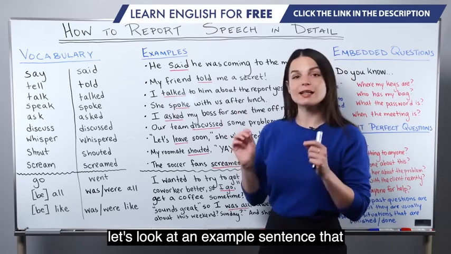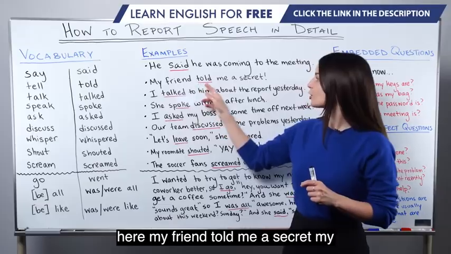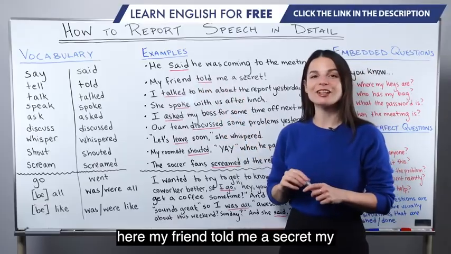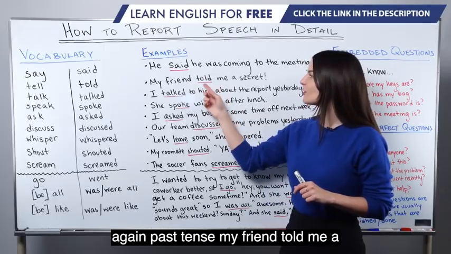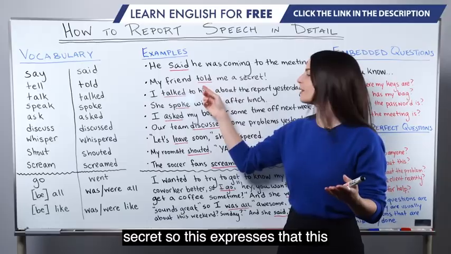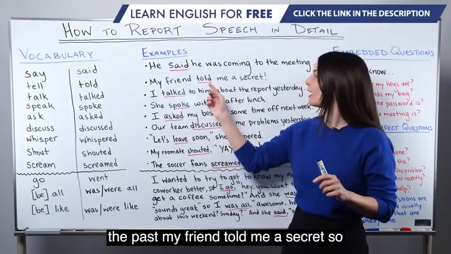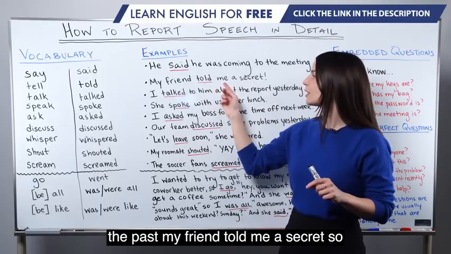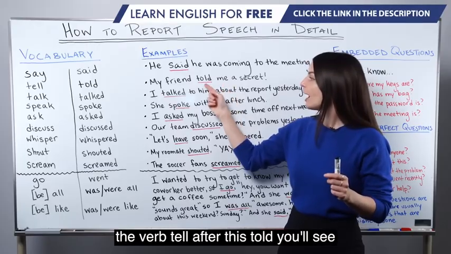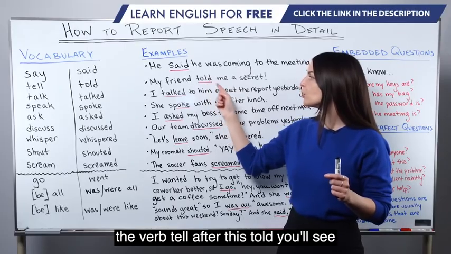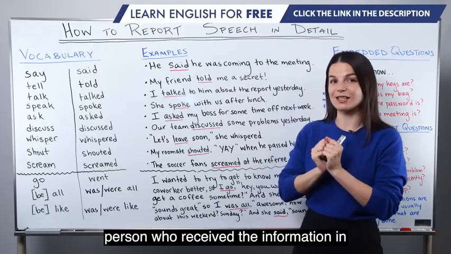Let's look at an example sentence that uses tell. My friend told me a secret. Here we have, again, past tense. This expresses that this situation is finished. This is done in the past. In this sentence, and with other uses of the verb tell, after told you'll see the recipient of the information, the person who received the information.